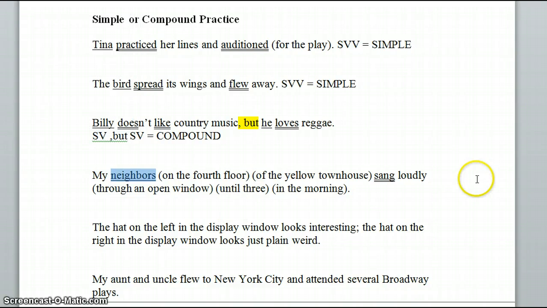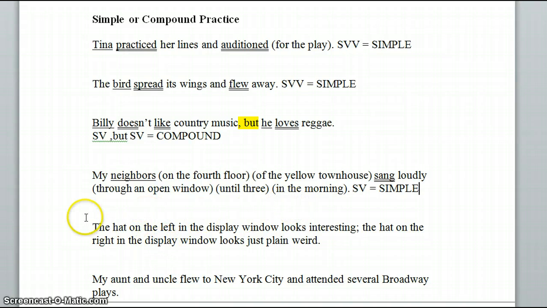Very good. This sentence is an SV only. And that is a simple sentence. So remember, a compound has to have SV, glue, whatever the glue is, SV. If it's just SV, it's simple.